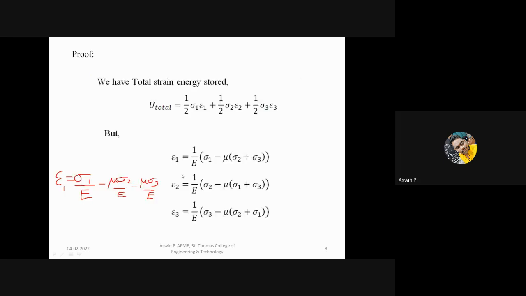After that, you need to substitute back the value of epsilon in the above equation. That is, epsilon 1 should be replaced by this one, epsilon 2 by this one, and epsilon 3 by this one. When you look at all three equations, there is 1 by E that can be taken commonly outside.